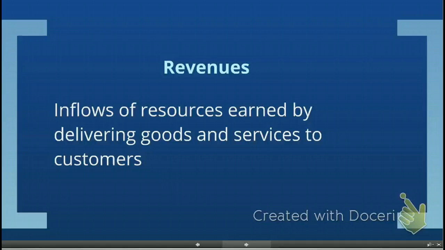Whenever you purchase 10 items and that cashier scans in those 10 items, for Walmart, whatever the price you pay for those goods and services would be considered revenue. So if you bought a box of cereal and the box of cereal is $3.50, Walmart would have earned $3.50 of revenue. Revenue is whatever you earn by delivering goods and services to customers.